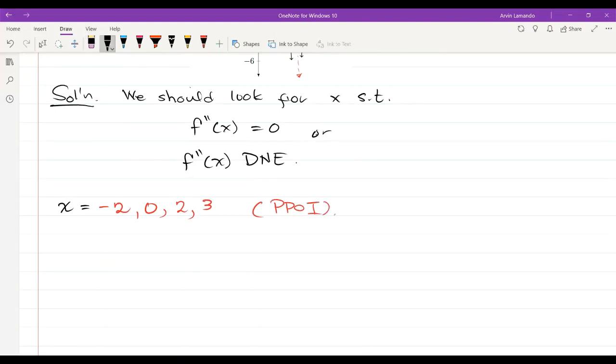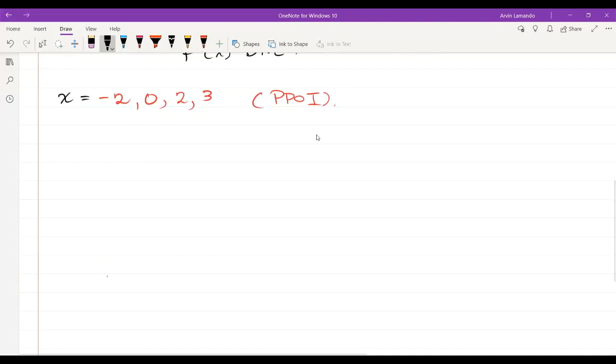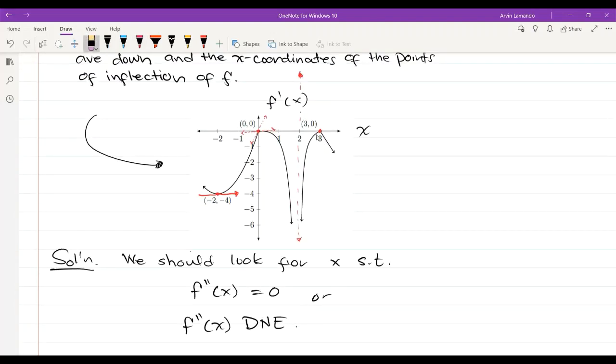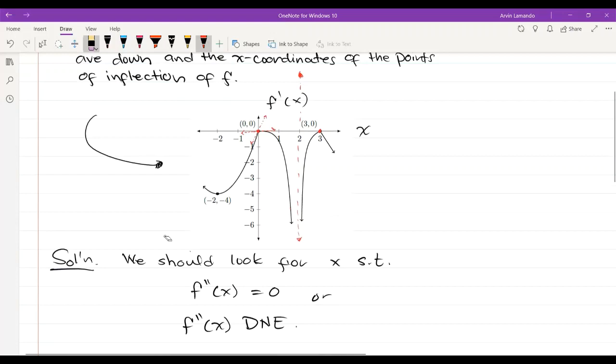To see if these points are actual points of inflection, we should construct a table of signs at x equals -2, 0, 2, and 3. f double prime of x is undefined at 0, 2, and 3. So when x is less than -2, the tangent lines look like this.